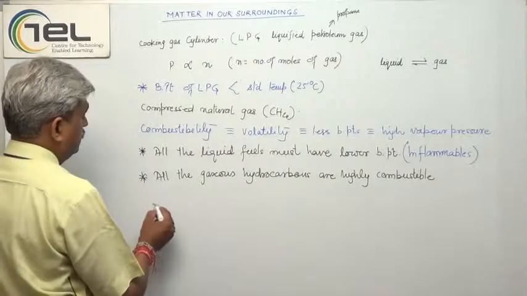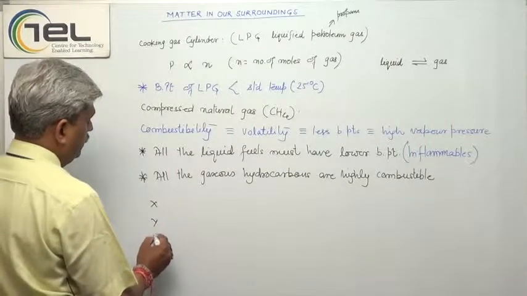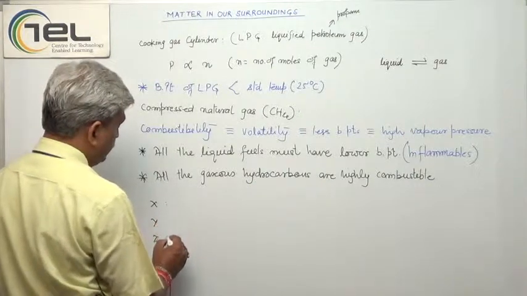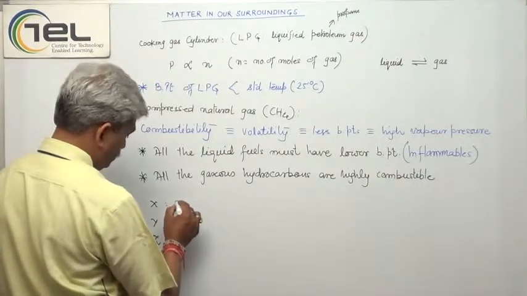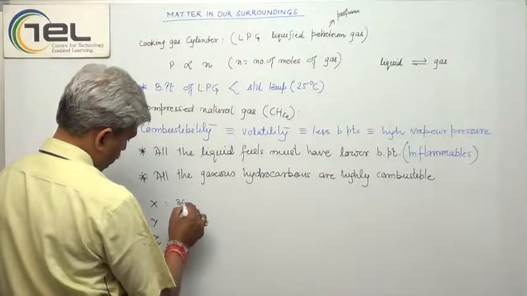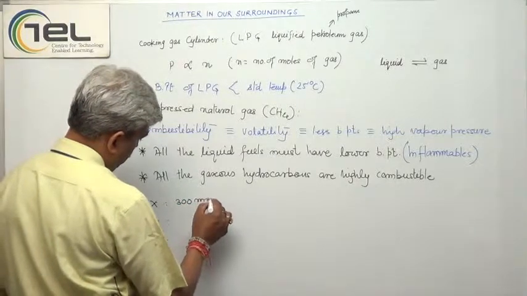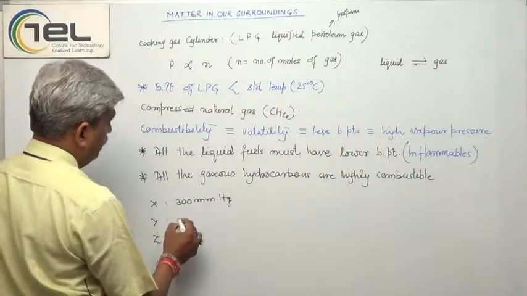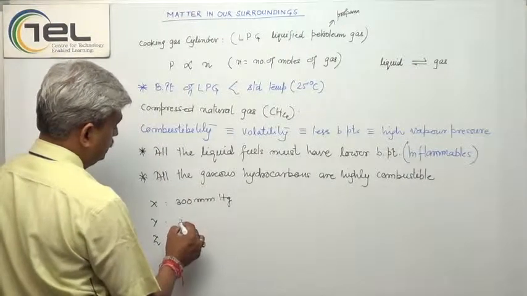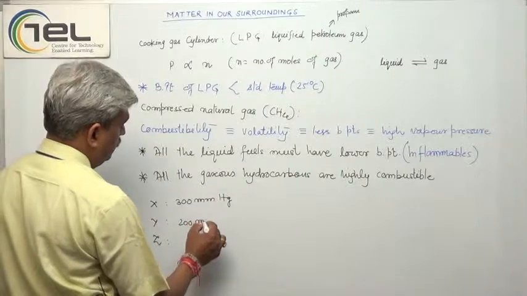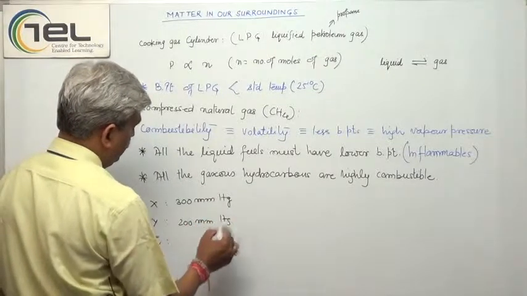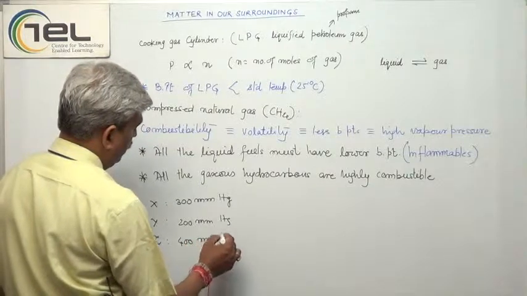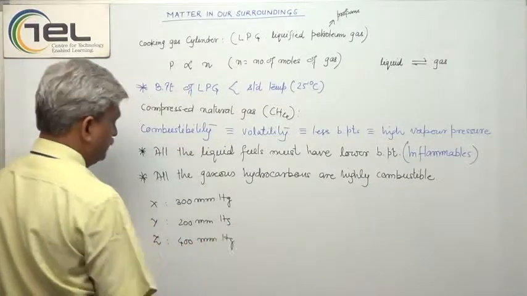Let the vapor pressure of X be 300 mm of Hg, of Y 200 mm of Hg, and of Z 400 mm of Hg.